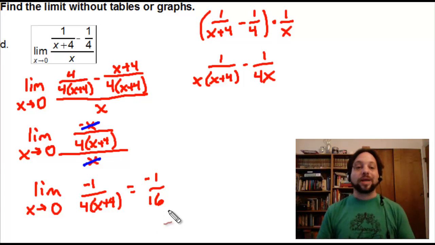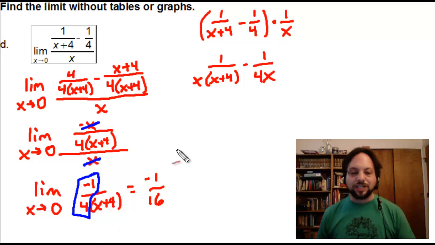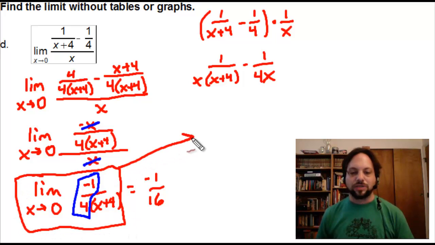Now, the more clever of you might have asked yourself, well, since this negative 1/4 is essentially what we call a scalar multiple, would it be legitimate for me to have gone from this step here and simply pulled the negative 1/4 out? In other words, could I have said that this is negative 1/4 multiplied by the limit of what's left?